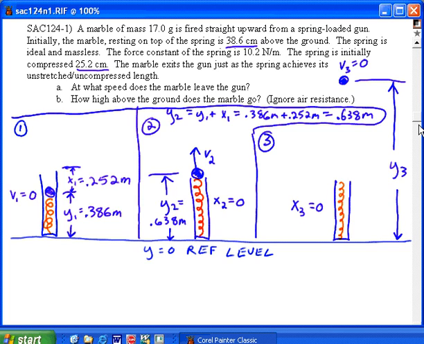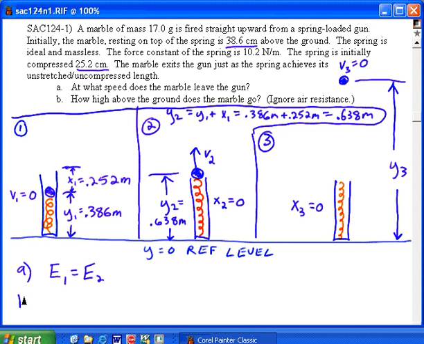Okay, we've got enough diagrams to get going. For part A, we'll use number 1 as the before picture and number 2 as the after picture to find out V2 in picture number 2. So I'll say E1 is equal to E2, which tells the reader I'm applying conservation of energy, and I'm using 1 as the before situation, 2 as the after situation.